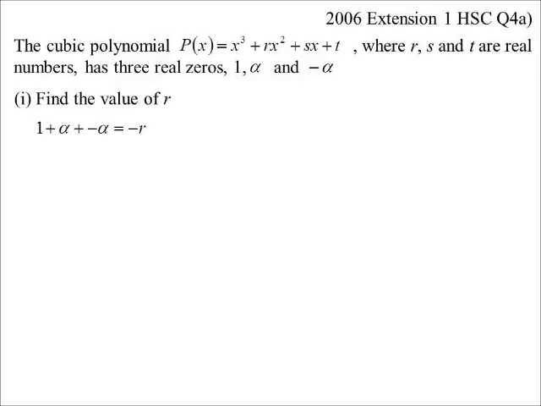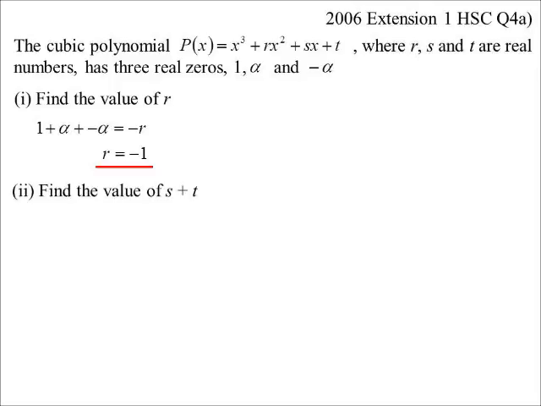And if 2 of my roots are alpha and minus alpha, when I add them together we get 0. So 1 plus minus alpha is minus r, and the answer comes out quite nicely. R is negative 1.